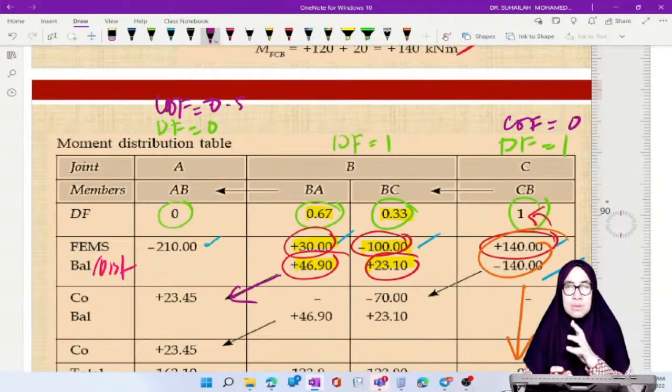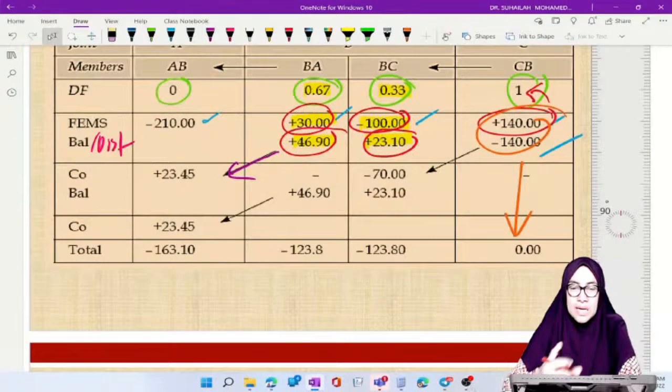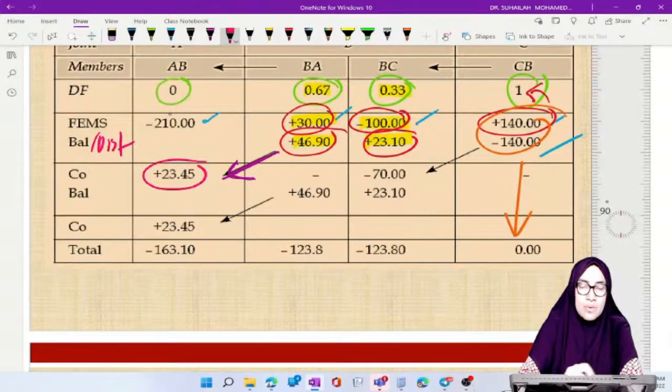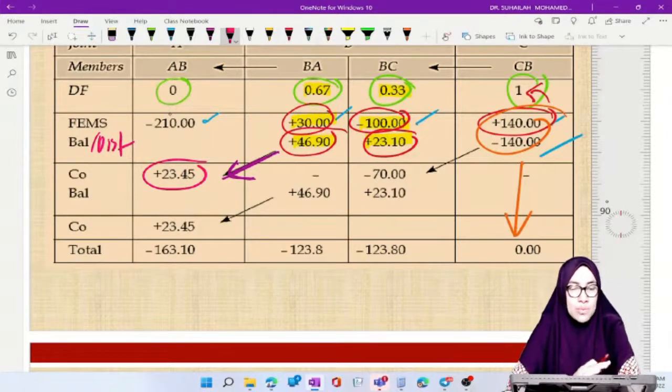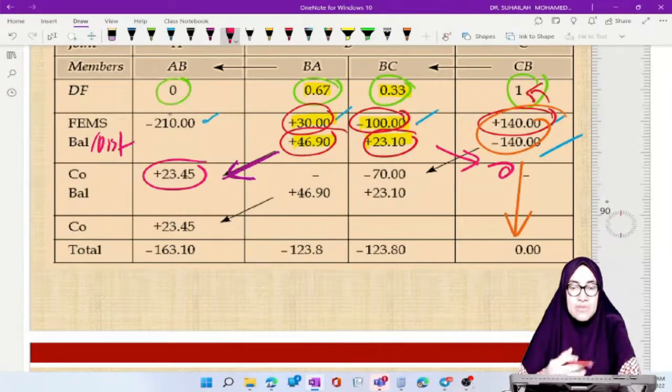So 46.9 times the factor, we get 23.45, and there is no value here because the factor is 0.